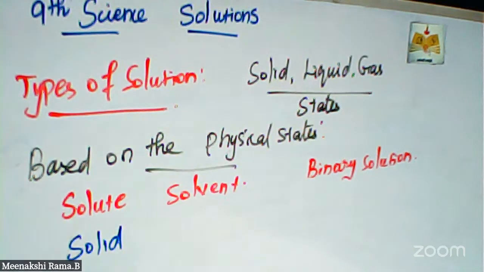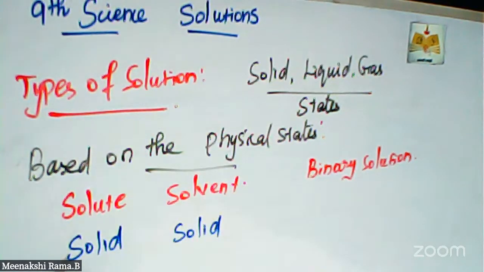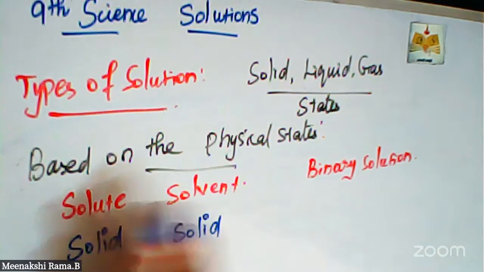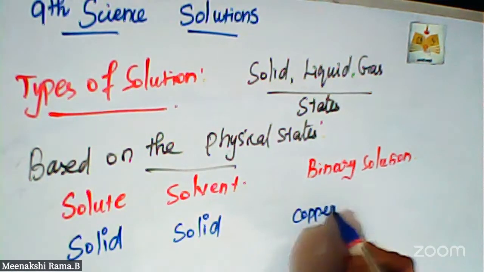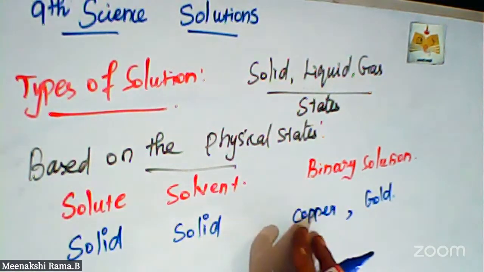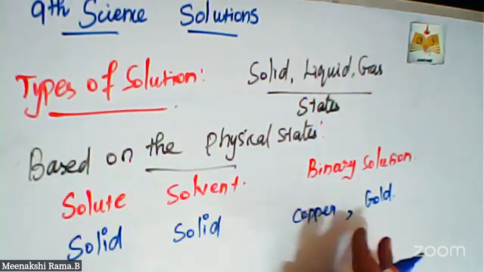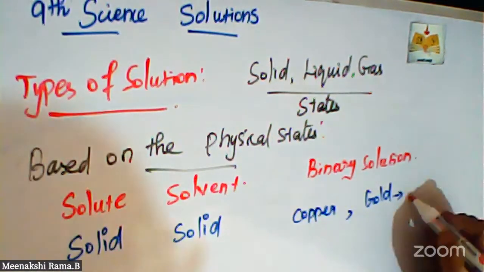Solute and solvent are both in the same state, that is solid state. The example of this is copper and gold. Copper is dissolved in gold. This is called an alloy.